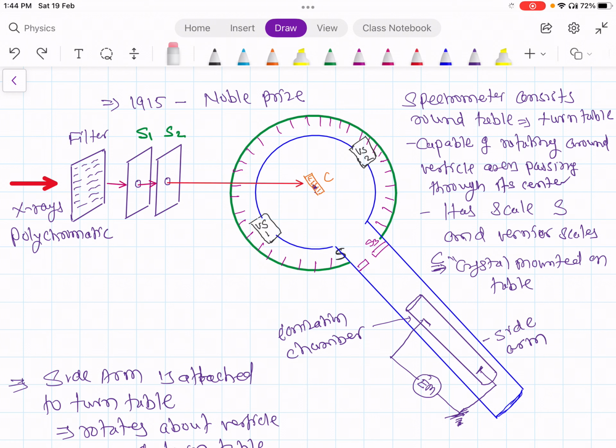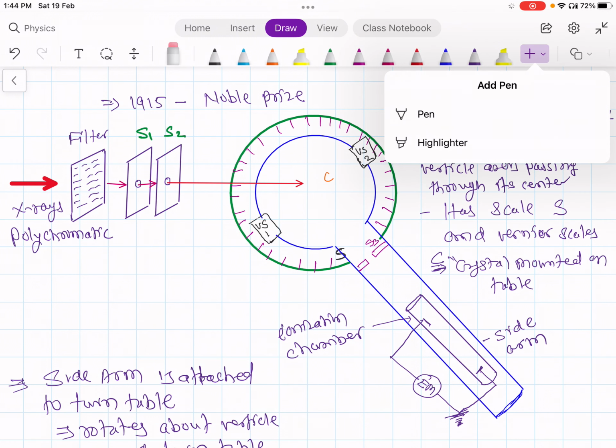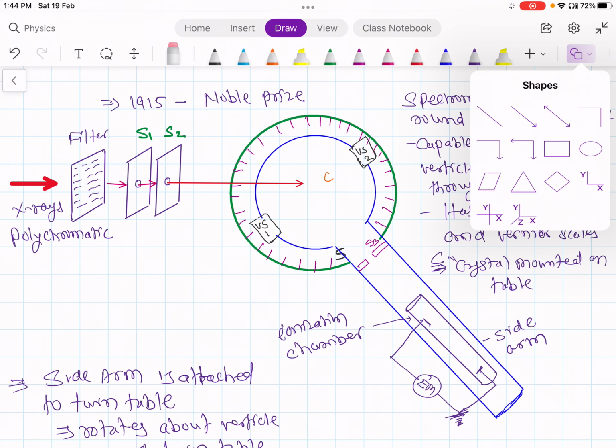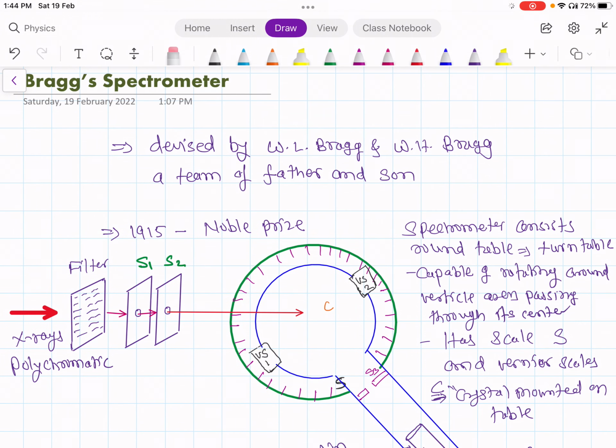Let me redraw this crystal. This is the crystal C, and this glancing angle is theta.